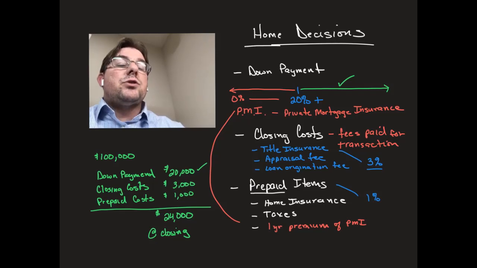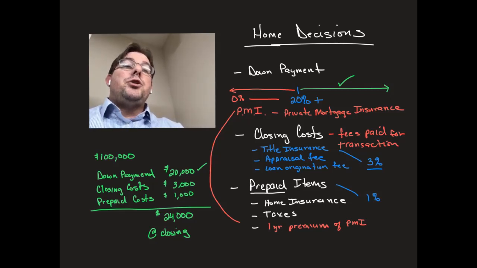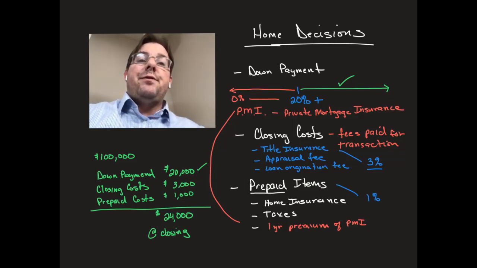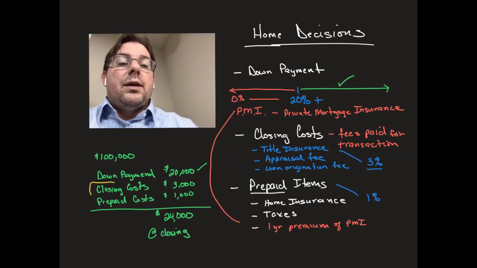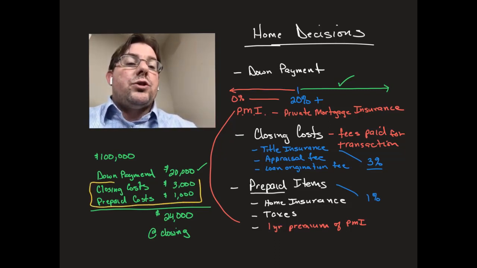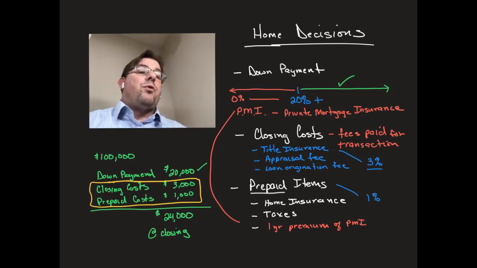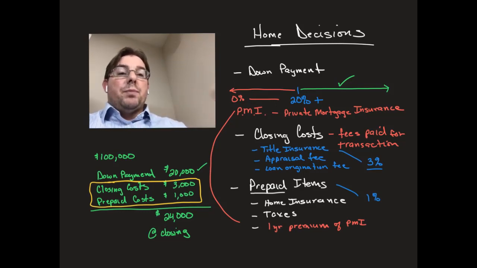The prepaid costs are still an expense. You're just prepaying an expense that's going to occur in the future. And then the closing costs are going to be these one-time fees that you will not get back. So this amount right here is going to reduce your net worth by $4,000. In this $100,000 transaction, you are basically giving up $4,000 when you buy this property.